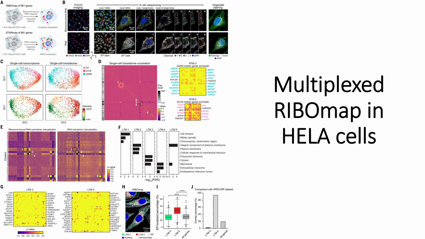From this they have identified five gene ontology terms that are related to the cell cycle, mentioned on the slope: 1, 2, 3, 4, 5. Among these five, two of them are shown here, that is RTM3 and RTM5.